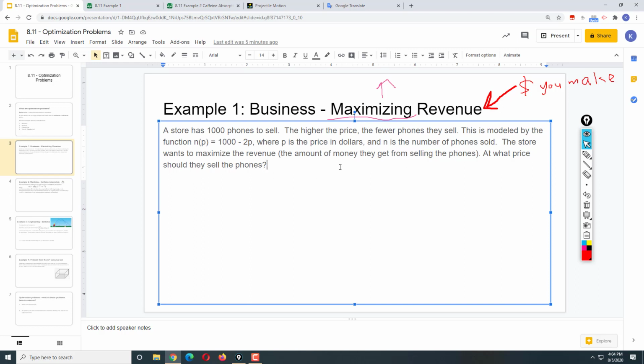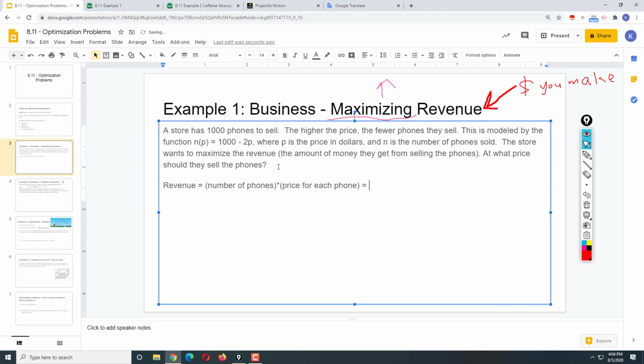All right. So we want to maximize revenue. Well, revenue is the amount of money they make. Well, that's going to be equal to the number of phones they sell times the price for each phone. If they sell 100 phones at $200 each, then they make 100 times $200, right?